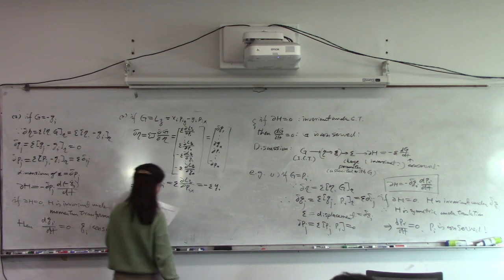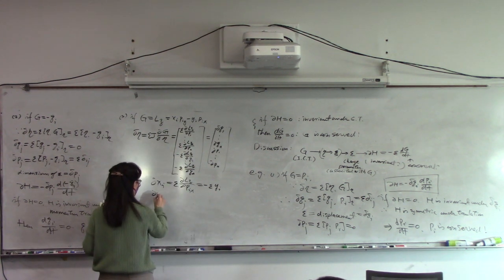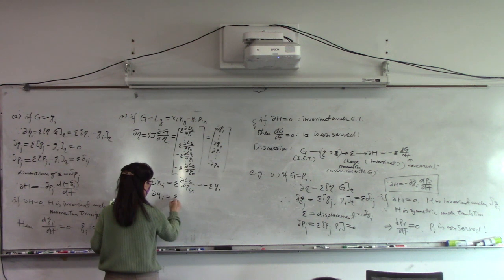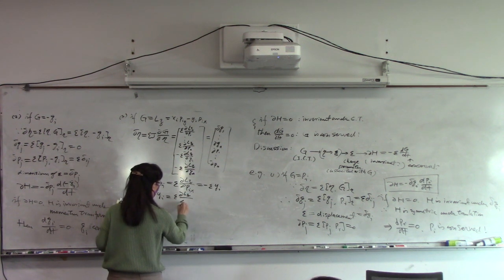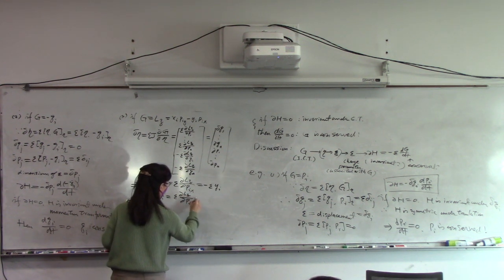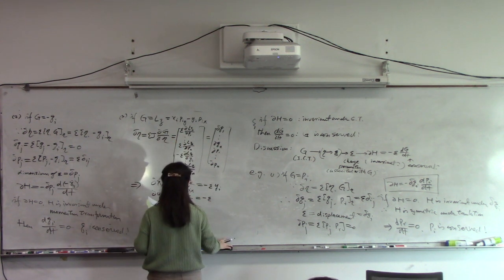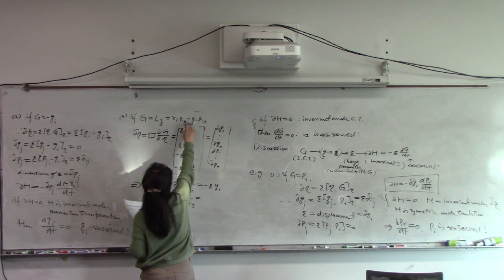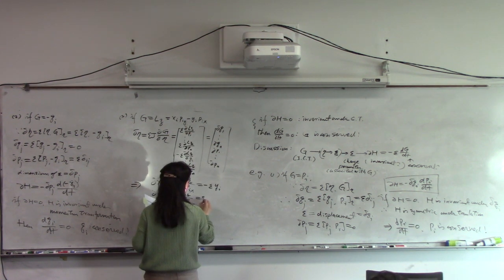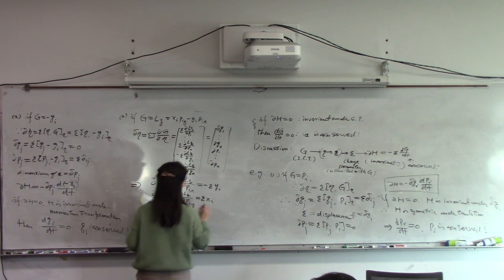Right? And if yi is epsilon partial lz partial piy, which is minus epsilon piy, no minus. This minus here.